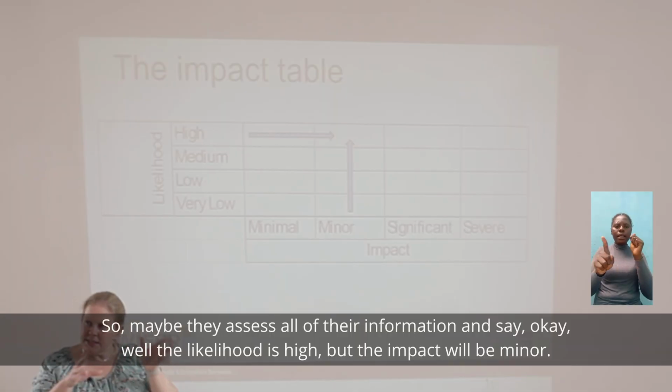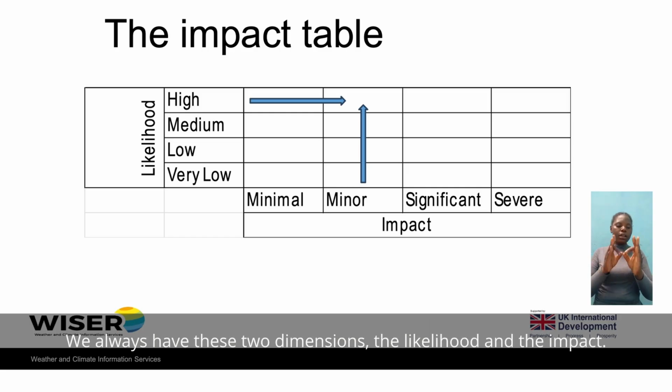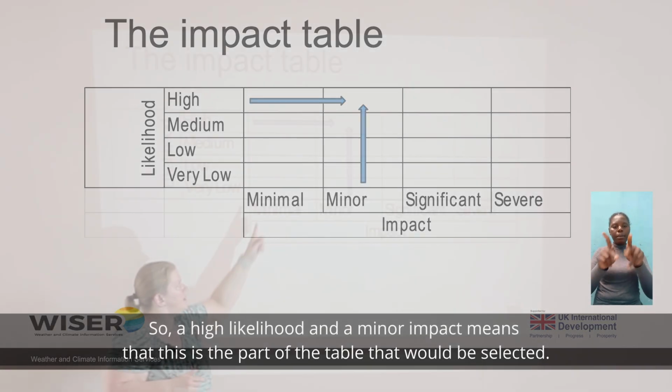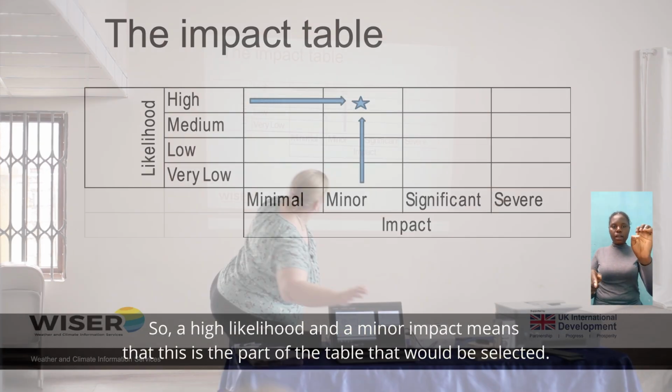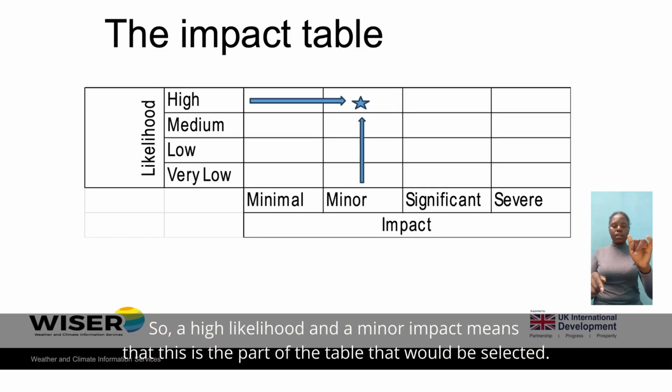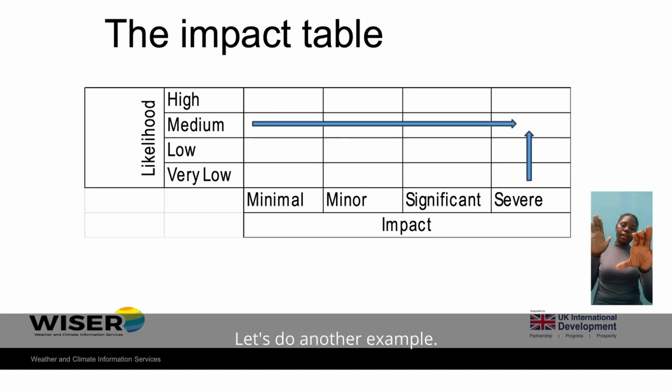So maybe they assess all of their information and say, the likelihood is high, but the impact will be minor. They always have these two dimensions, the likelihood and the impact. So a high likelihood and a minor impact means that this is the part of the table that would be selected.